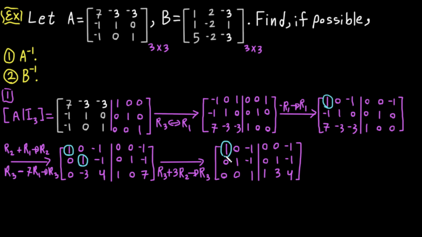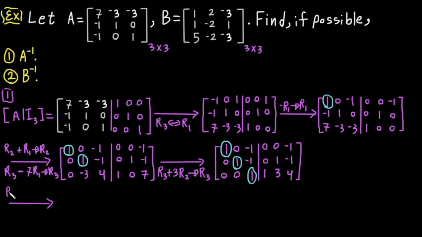Now here we have leading one, leading one, leading one. We have to make the rest of this column equal to 0. So let's write it here. If we add this row to this row, -1 plus 1 will be 0.